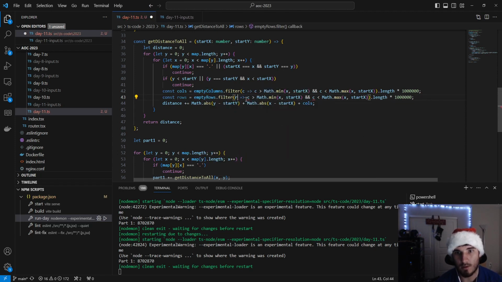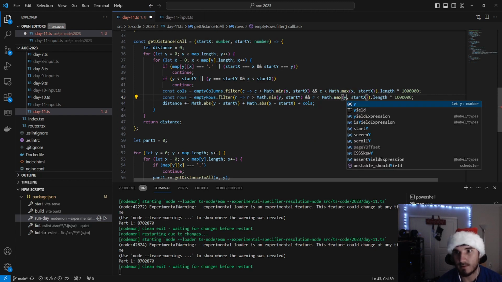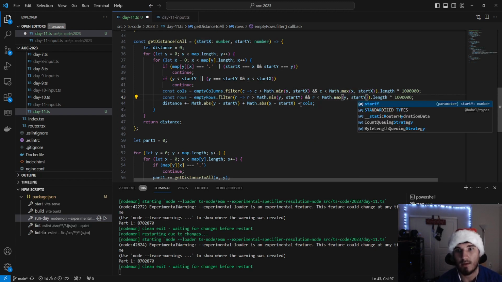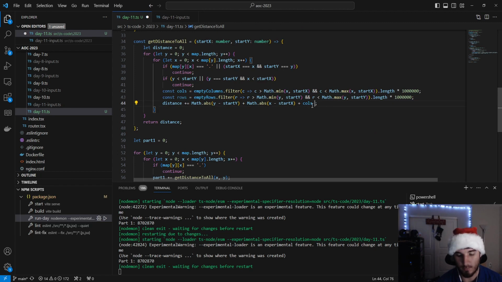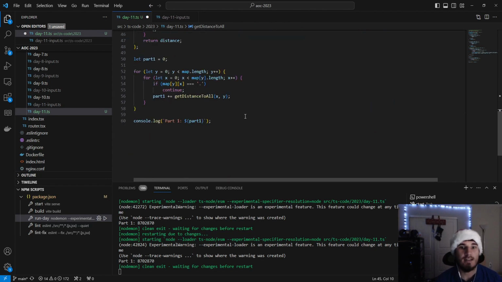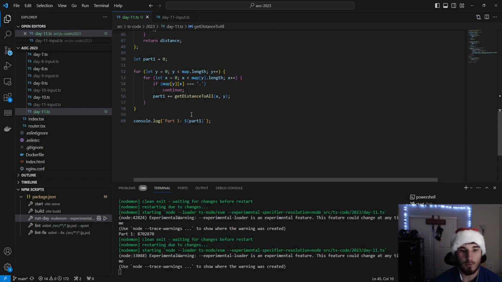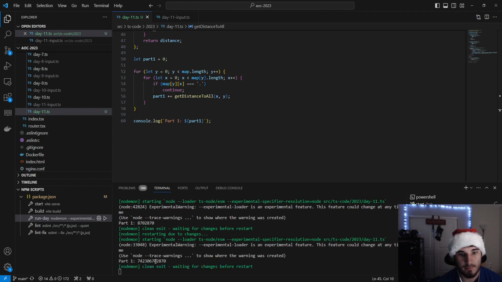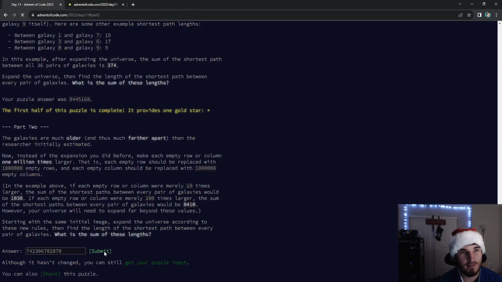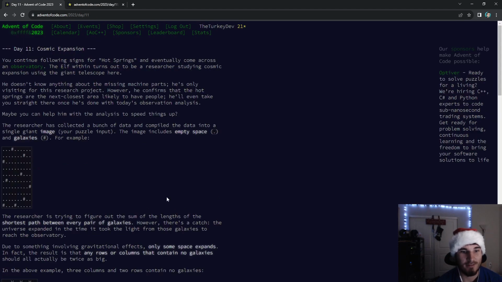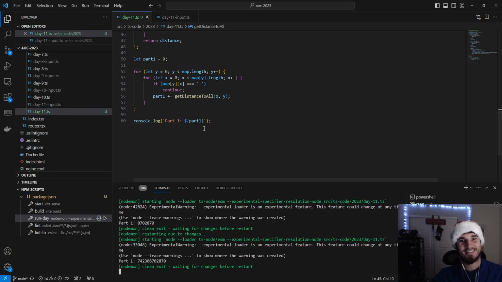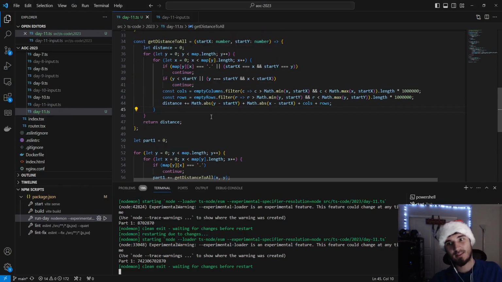R, Y, start Y, R, Y, start Y. And also add on the rows. And in theory, this is actually going to give us part 2. But it's not right. One could have hoped. Okay.